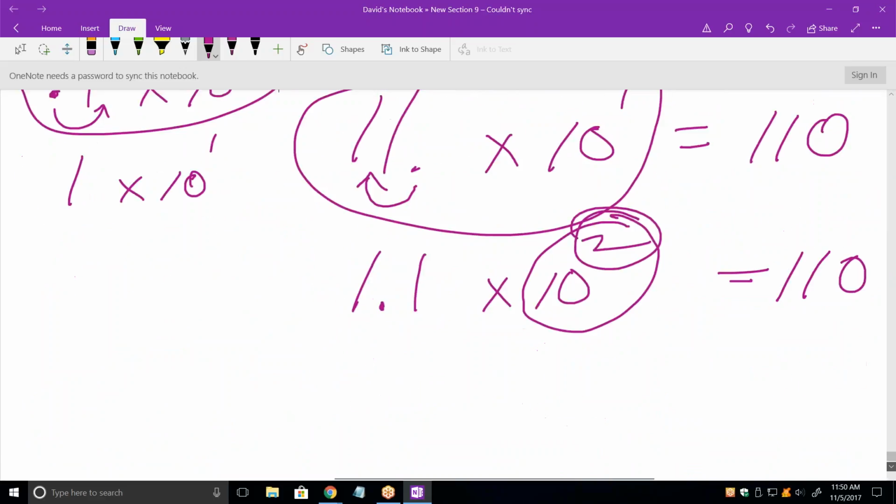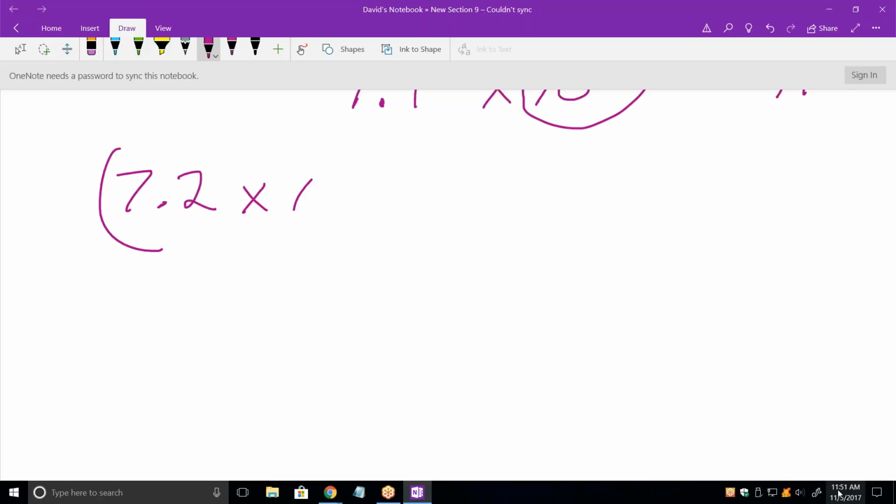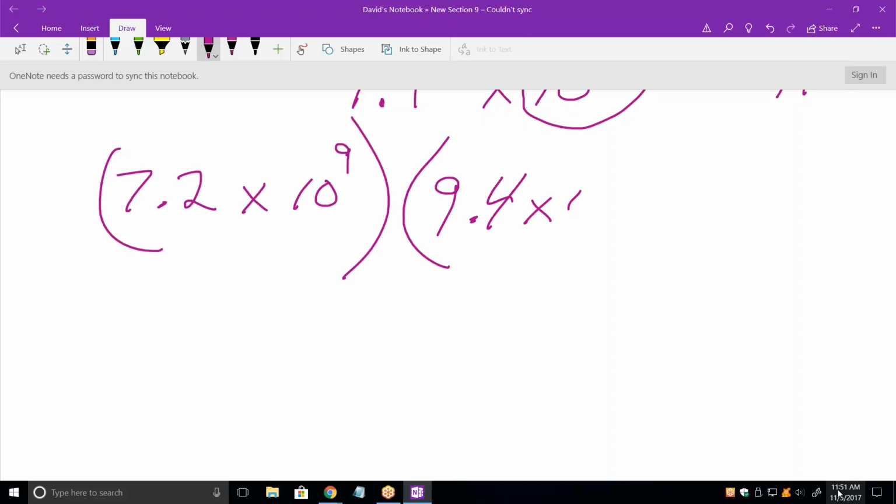Next problem: in parentheses, 7.2 times 10 to the 9th power, and then in new parentheses, 9.4 times 10 to the 8th power. All right, let's have you do this one all on your own.